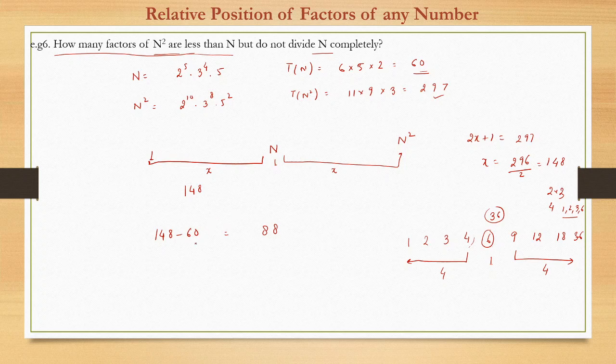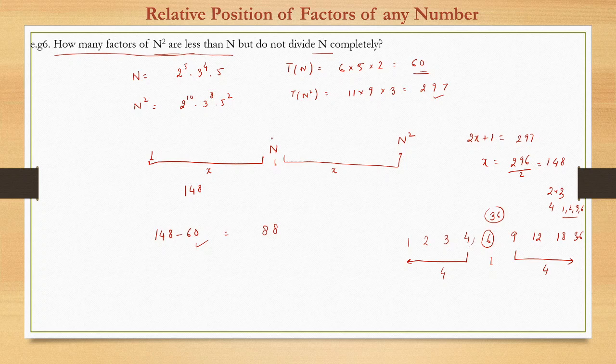So the same thing we need to find here. What we did actually, we got to know there are 148 factors of n square less than n, and we have to find those which do not divide n completely.